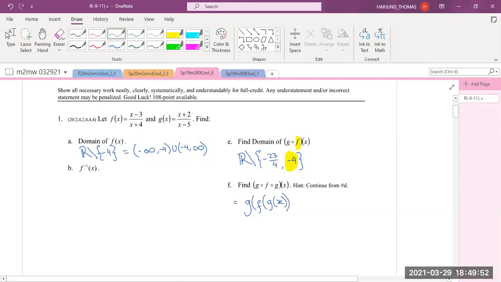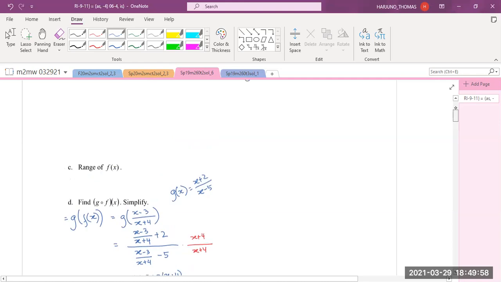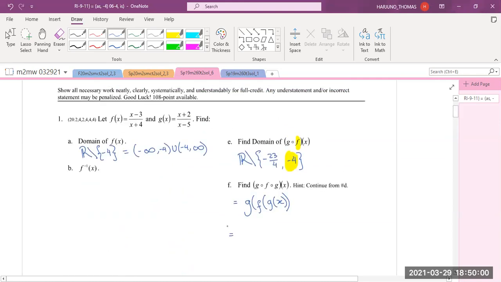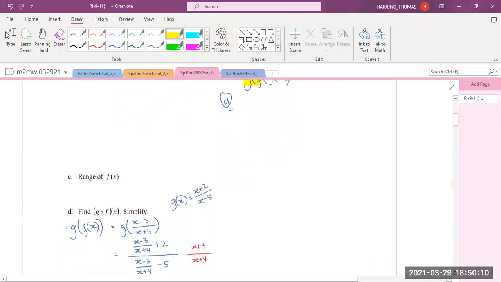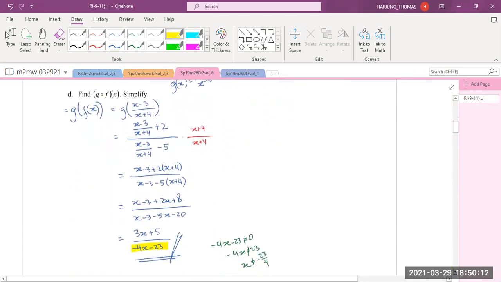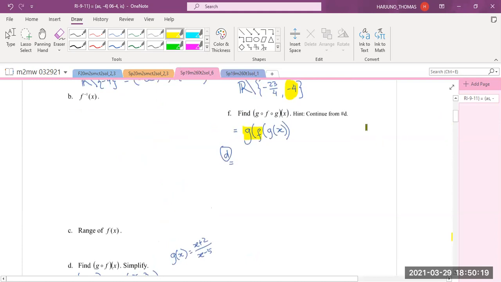Right now, but notice that we are already done with g compose f in part D. In part D, g compose f gives us, what's that? 3x plus 5 over negative 4x minus 23. I copied that up there.